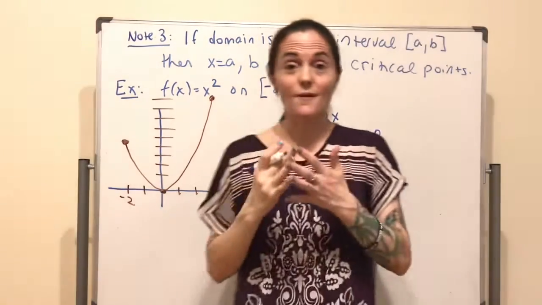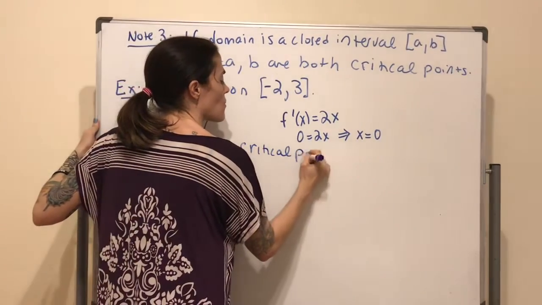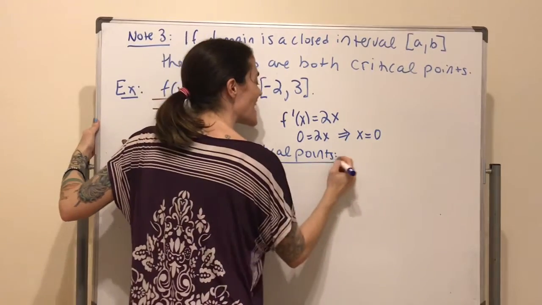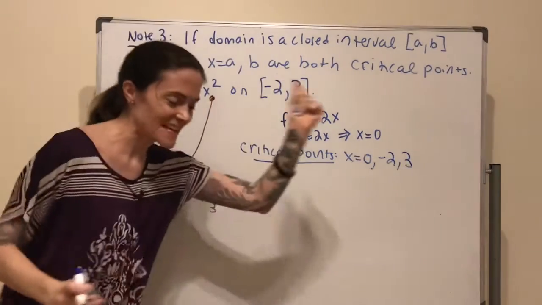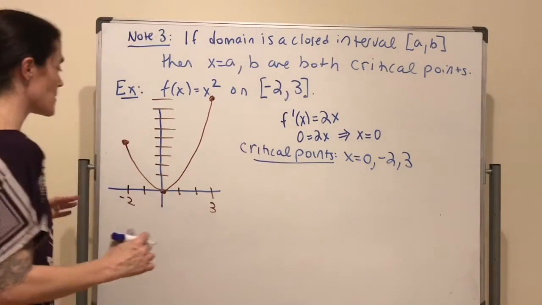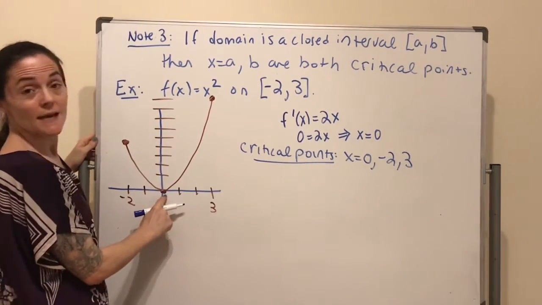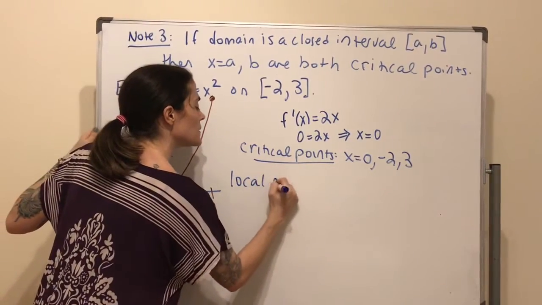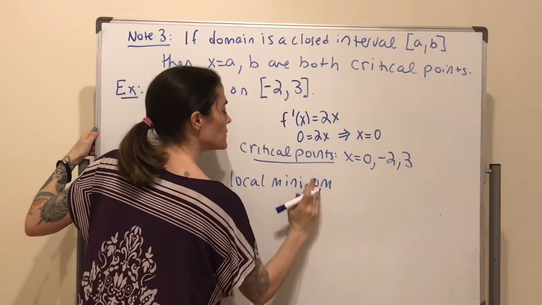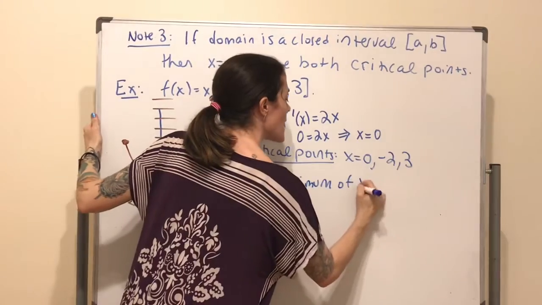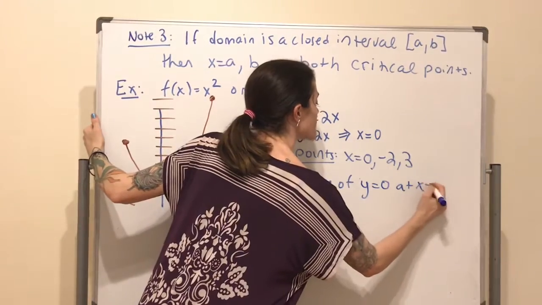So now I can write a list with my critical points. My critical points, we have 0, we have the 2 endpoints. Now, immediately, local max, local min, let's look at those. This I'm going to do by looking at the graph for this example. We see a local min. So we have a local minimum of y equals 0, and it occurs at x equals 0.